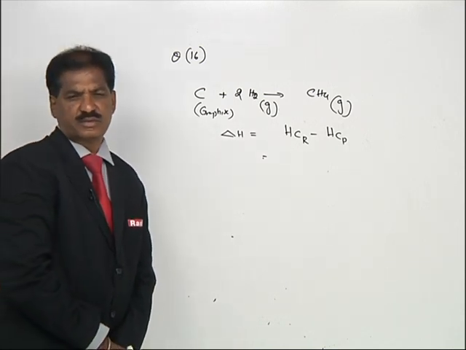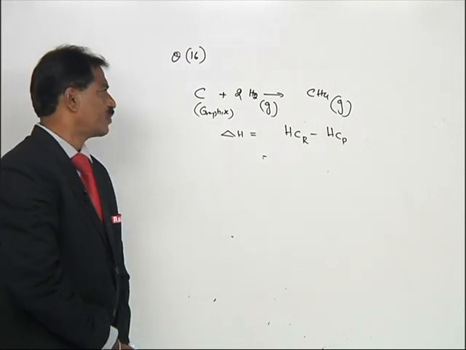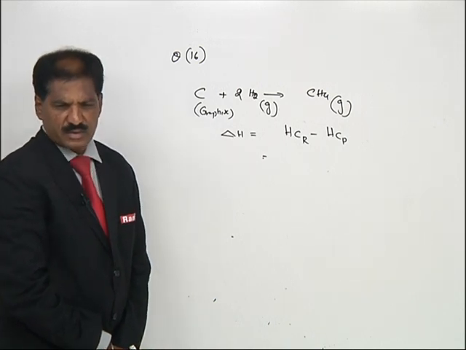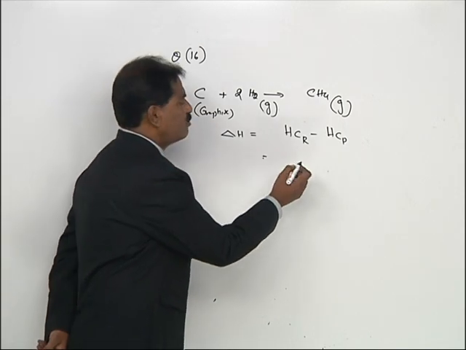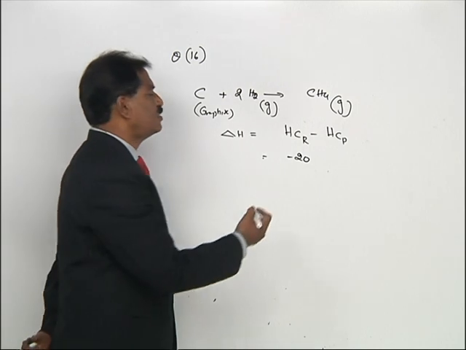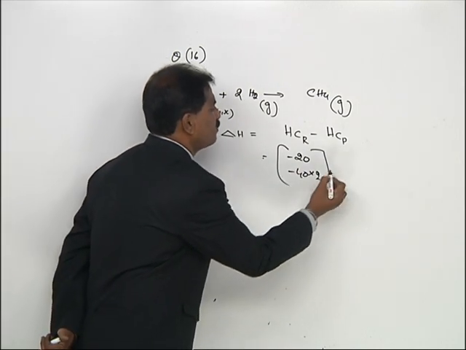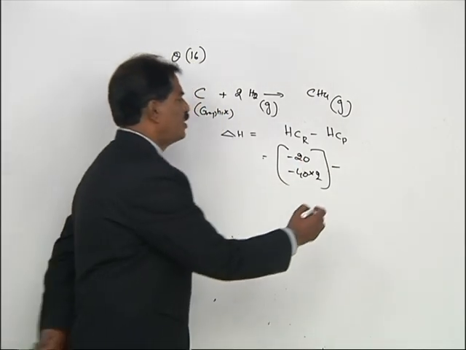Methane minus 20, graphite minus 40. Heat of combustion of the graphite is minus 20. Next, heat of combustion of the hydrogen is minus 40, but here 2 moles of the hydrogen is participating. Next, heat of combustion of the methane is minus 20.